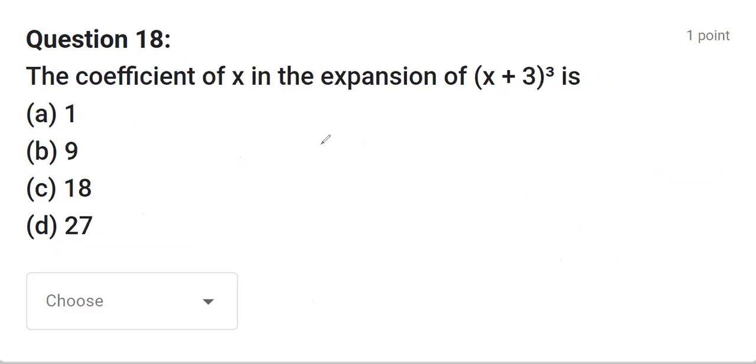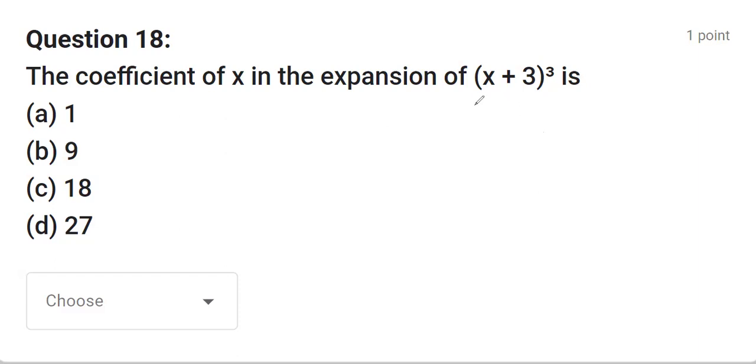In question number 18, we have to find the coefficient of x in this expression, or in fact in the expansion. So in haste, most of you write the coefficient of x as 1, as you take it as 1x. Not correct, because we have to find the coefficient in the expansion of this.